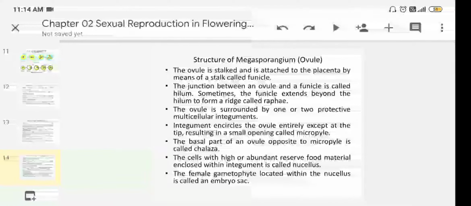The cells with abundant reserve food material enclosed within the integument are called nucellus. Means the integument encloses a mass of cells which are very rich in nutrients, called nucellus. The female gametophyte located within the nucellus is called the embryo sac.